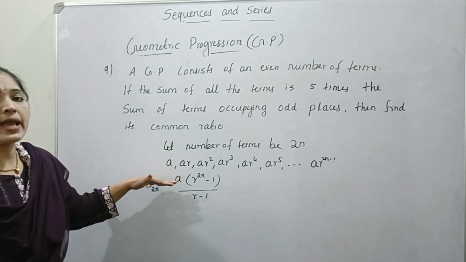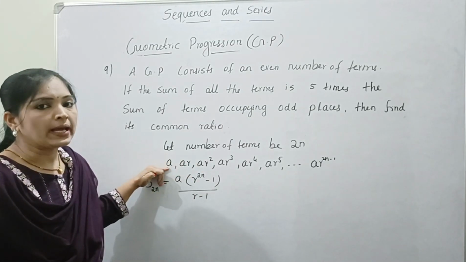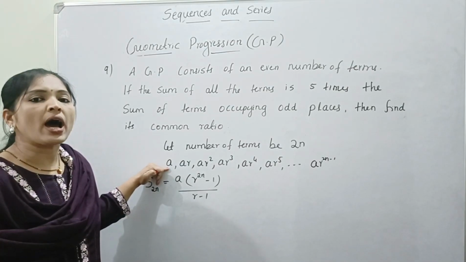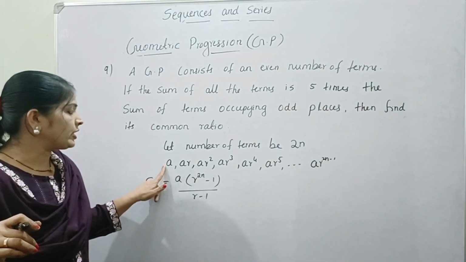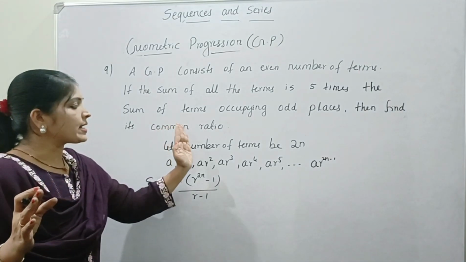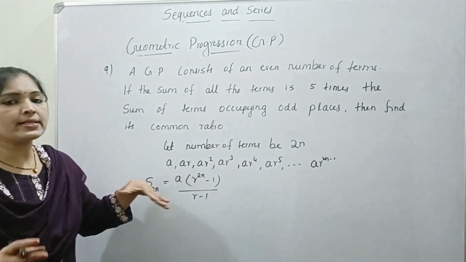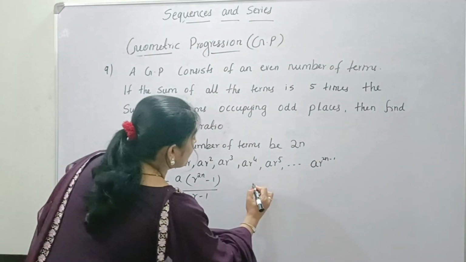So in this case what is the common ratio? r square, and the first term is a. In odd places, the first term, third term, fifth term, seventh term, the common ratio is r square.